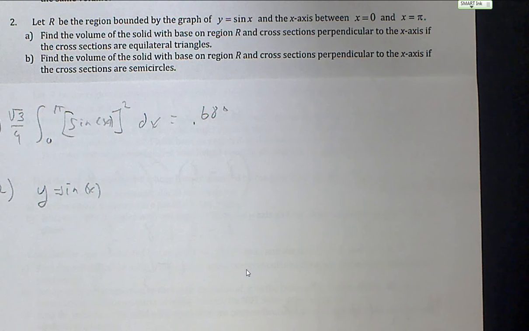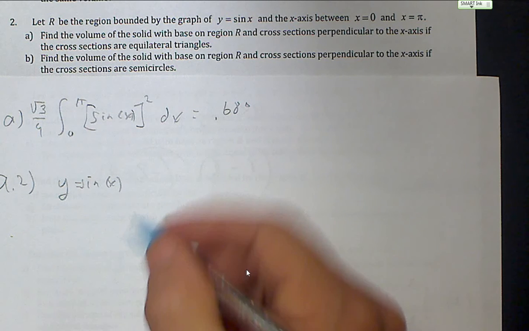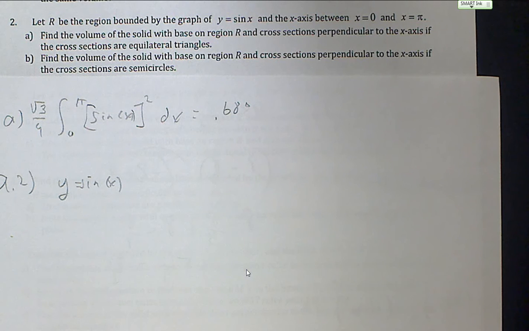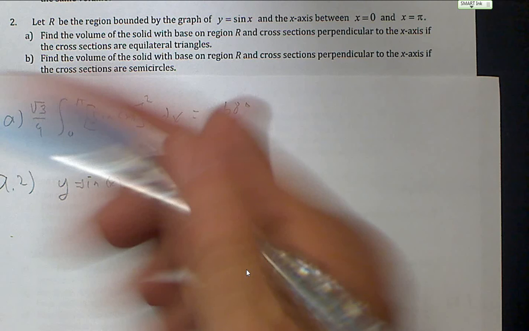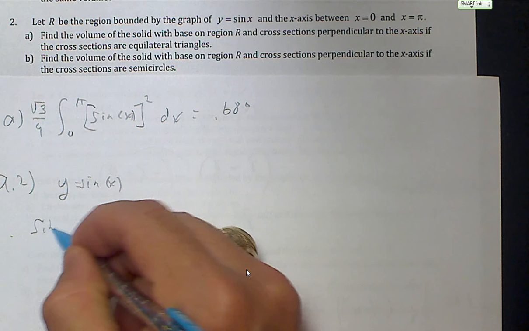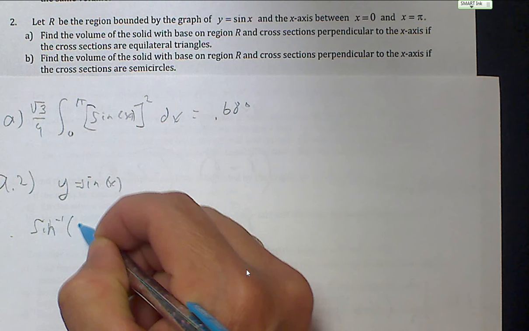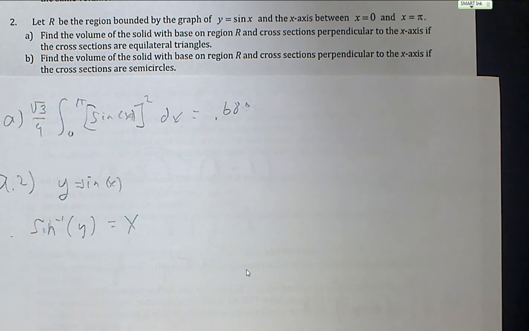We take arc sine, sine -1, of both sides. We undo the sine on the right, giving you x equals arc sine of y.